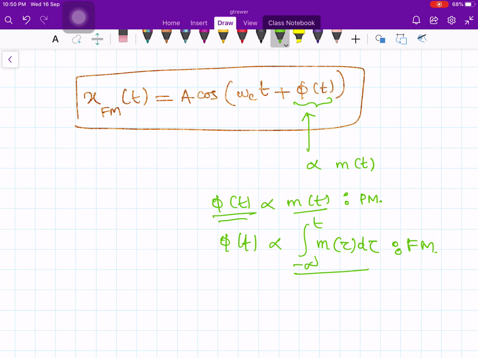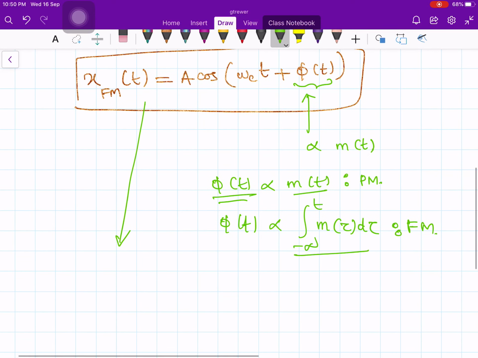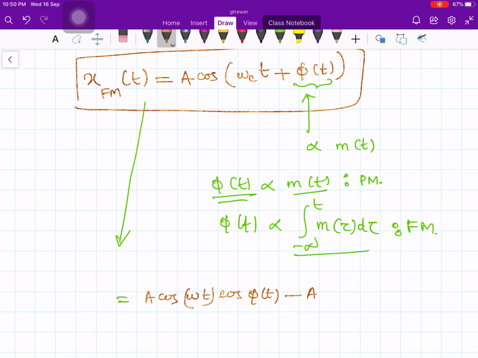Now let us expand this relation using the cos(A plus B) formula. This is going to be A cos(omega_c t) cos(phi(t)) minus A sin(omega_c t) sin(phi(t)).